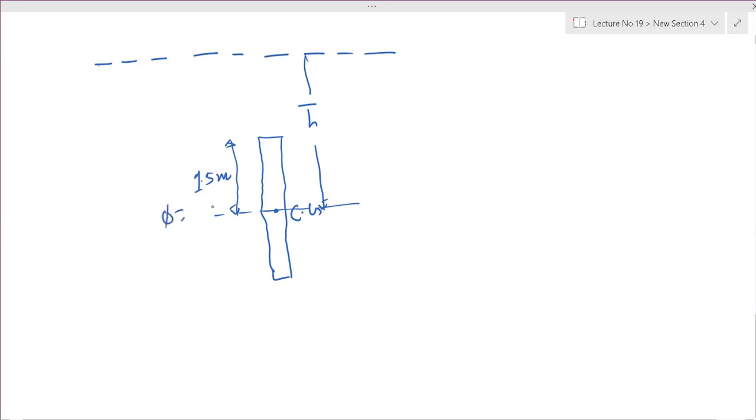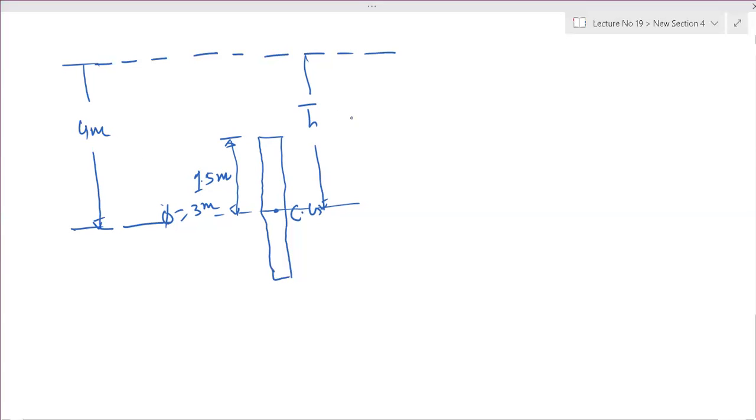So this is your water surface, and this is your center of gravity, and this center of gravity distance is your H bar, right? And the diameter is 3 meter, so the radius is 1.5 meter. This total diameter is 3 meter. This distance is 1.5 meter, and from the center it is 4 meter.